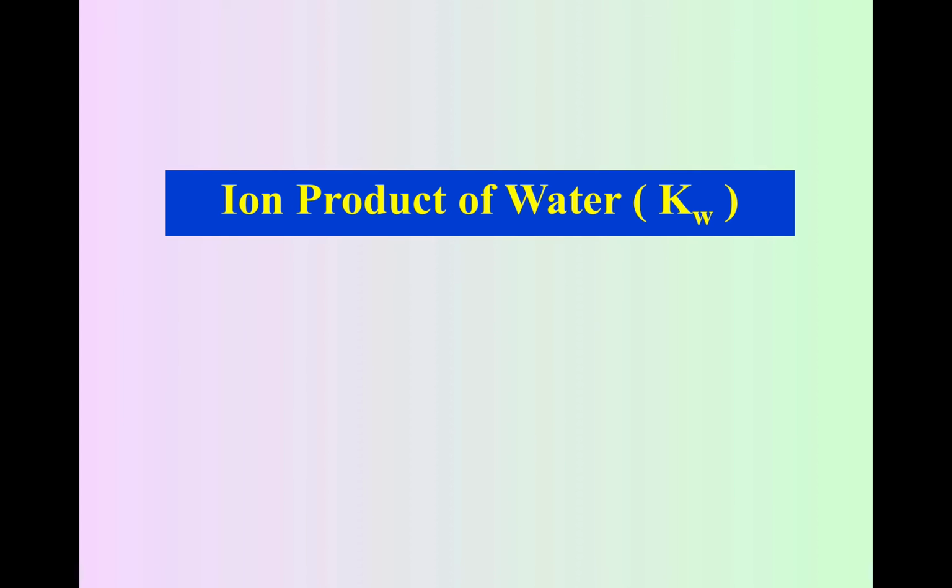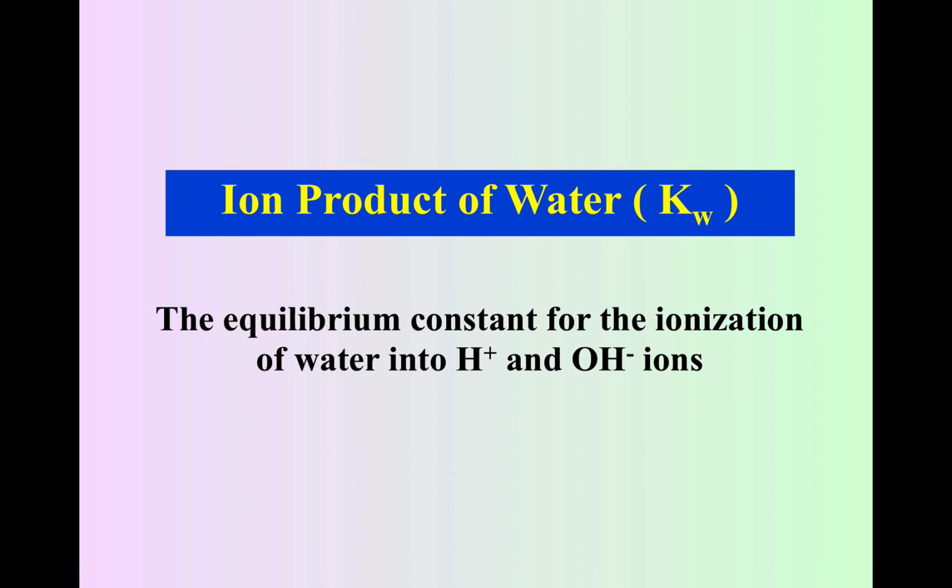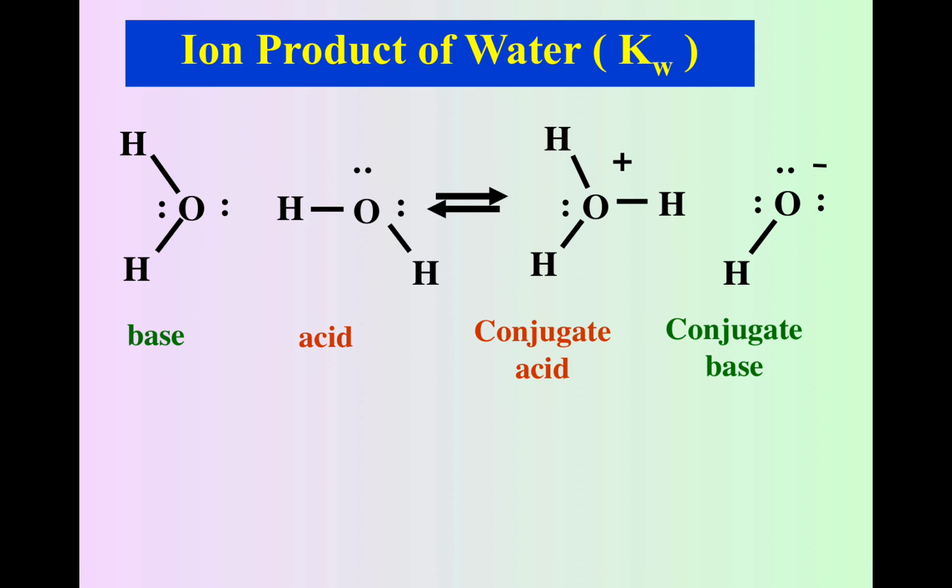So the K value for this reaction is called the ion product for water, Kw. It is the constant for how much H plus ion and hydroxide ions go into the water when water breaks apart, or, an easier way to look at it in the Arrhenius sense, water breaking apart to form H plus ions and hydroxide ions. So rather than looking in the Bronsted sense, we're looking at it in the Arrhenius sense.